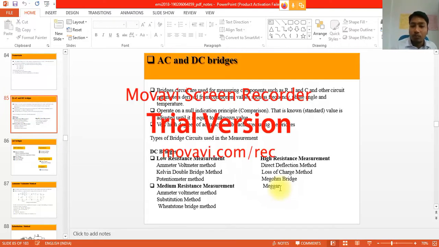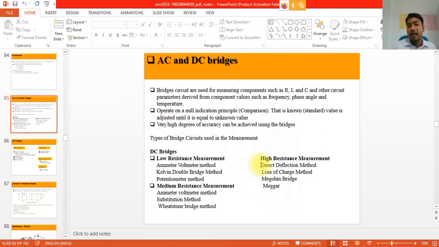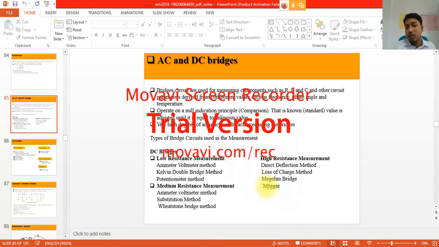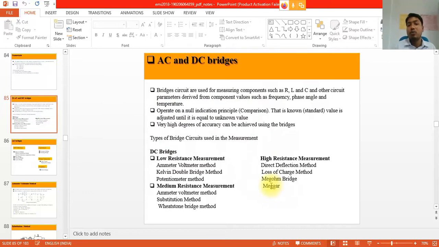So there are four methods we generally apply to measure high resistance: the direct deflection method, the loss of charge method, the megaohm bridge, and the Megger. The most applicable method is the Megger test, which is generally preferred to measure the high resistance value of insulating material.